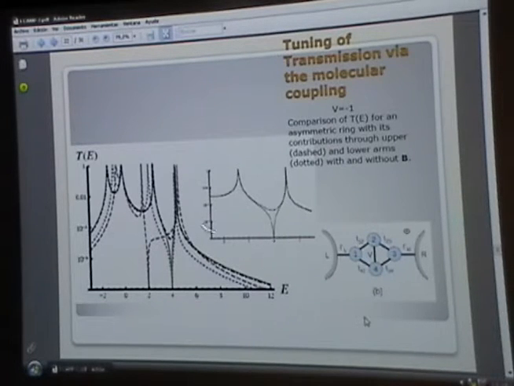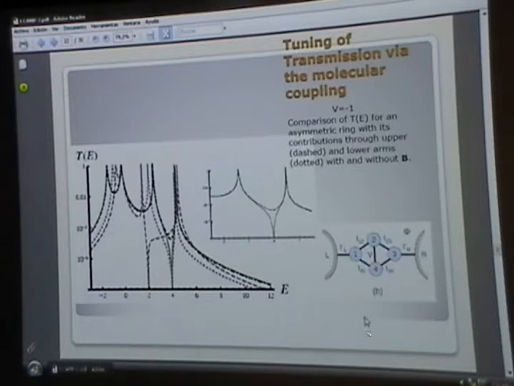In this inset you see the same but magnified. You see that the main effect of the magnetic field is to manipulate this anti-resonance. So without magnetic field you have 0 transmission at this energy, and you have a finite transmission now when you have a magnetic field.